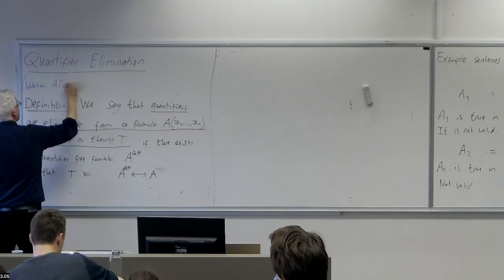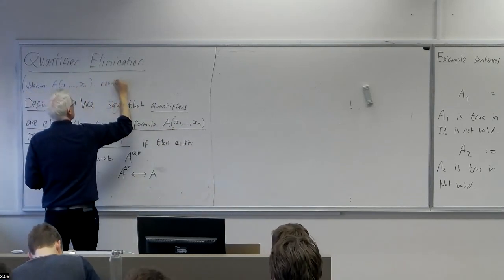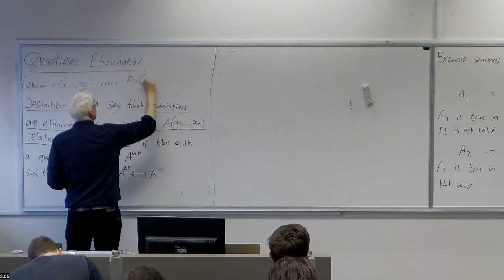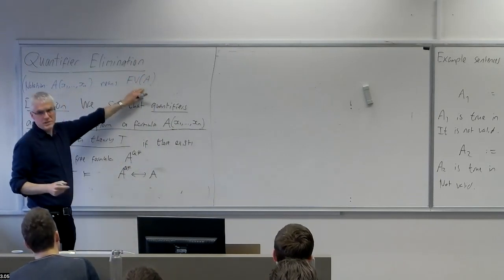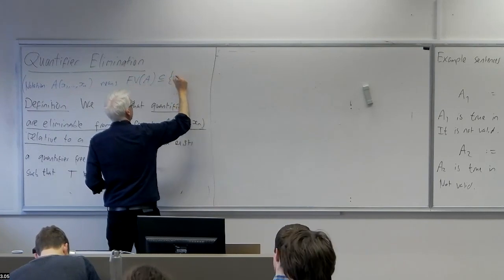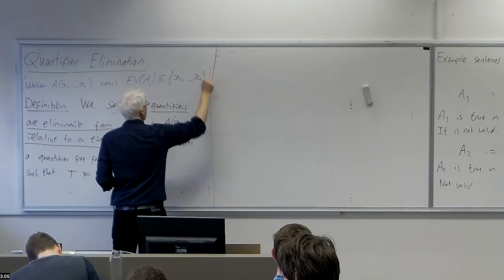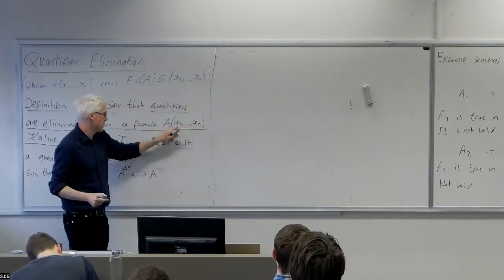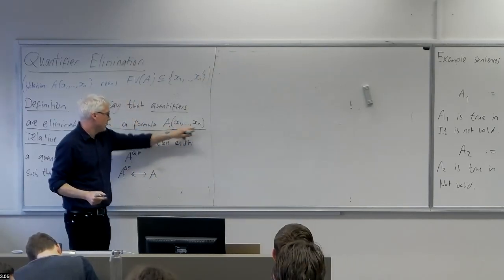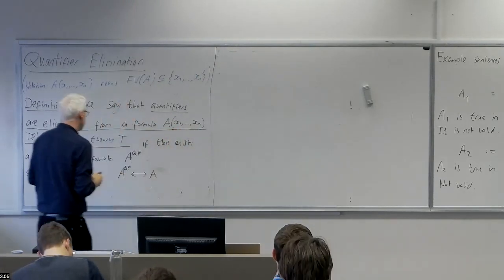A(x1, ..., xn) means, so in the notes I have this, the set of free variables of the formula A is a subset of x1 through to xn. When we write this, we assume we only write this using a tuple, a vector of n variables in which every variable is distinct.